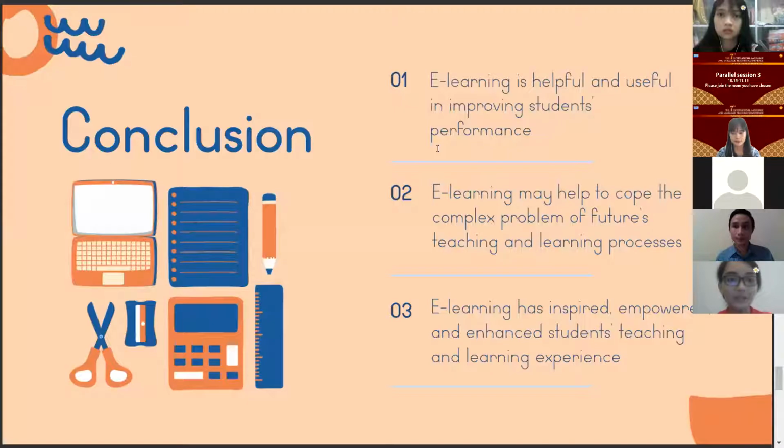Let's have the conclusion. There are three points that we draw from the research. This research concluded that students find e-learning to be helpful and useful in improving their performance. In the future, many people put their highest hope in e-learning to help cope with complex problems of the teaching and learning process after the COVID-19 pandemic.